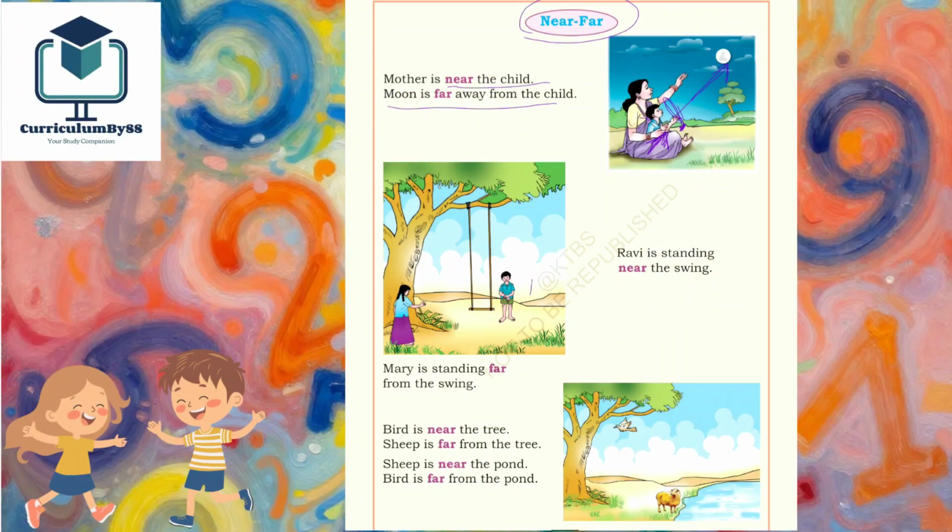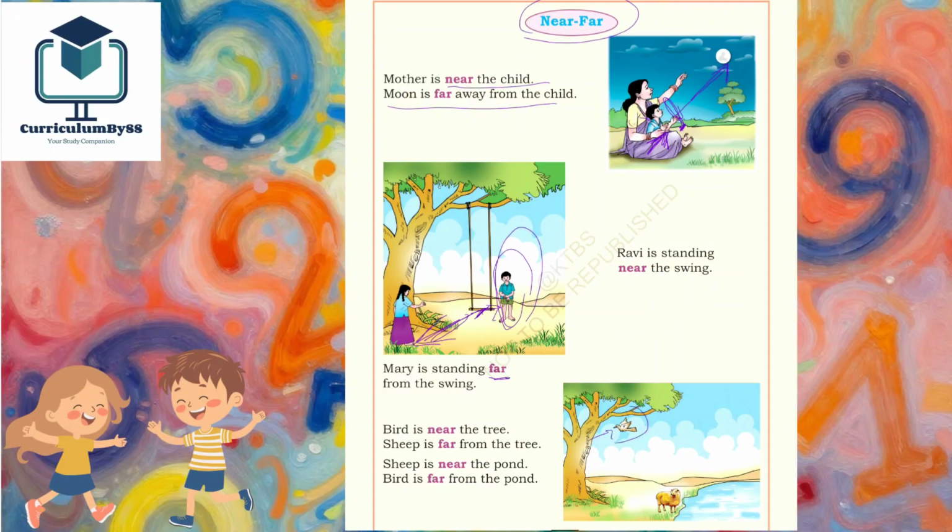Ravi is standing near the swing and Mary is standing far from the swing. So he is very close to the swing, right? That's why he is near to the swing. But Mary is far from the swing because the distance is more. Bird is near the tree.